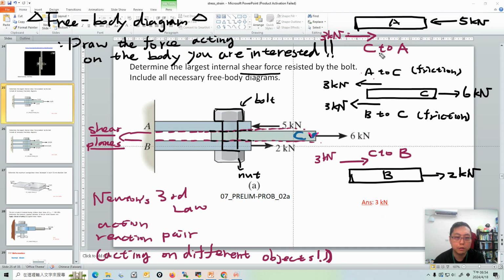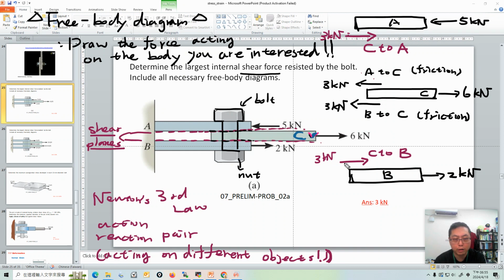We haven't, because everything is static. In the free body diagram of C, it's balanced, so it's static, no problem. But is it static on A and C? We see 3 kilonewton to the right, 5 kilonewton to the left. It's not balanced.